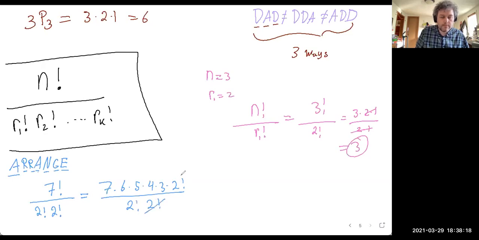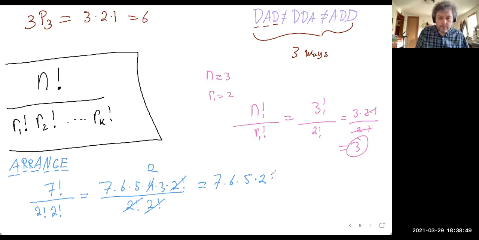I can get rid of the 1. 2 factorial is just 2 times 1, so I can reduce out the number 2. I can reduce the number 4, 4 divided by 2 is just 2. So now I have 7 times 6 times 5 times 2. You could just as well have reduced the 6 to a 3 if you want. I just picked the next one.